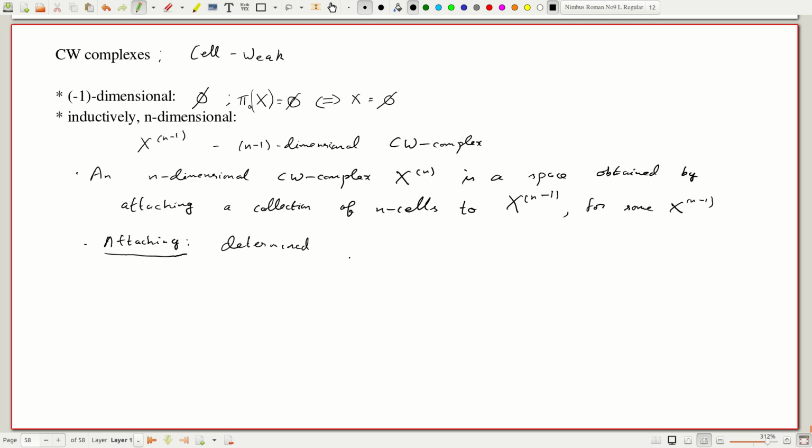Okay, so they are determined by maps phi_alpha, alpha in A_n, and where the maps phi_alpha will map S^{n-1} to, in this case, X_{n-1}, to whatever space to which we are attaching it. So this is determined by these maps phi_alpha. Alpha in A_n, I'm saying A_n is the index set for n, and we could even put an n here to emphasize this, which we will do for the other kinds of maps that we consider.